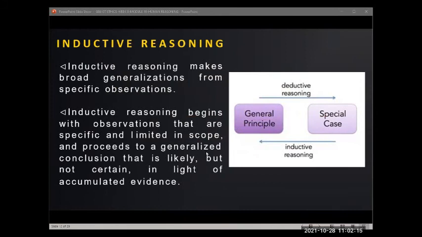It begins with observations that are specific and limited in scope and proceeds to a generalized conclusion that is likely but not certain in light of accumulated evidence. You can notice on this diagram that deductive reasoning goes from general principle to special case, or specific. Inductive reasoning goes from special case, or specific, to general principle.